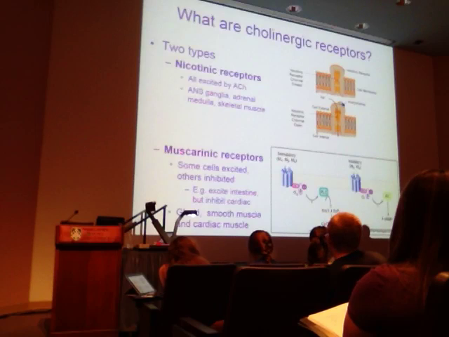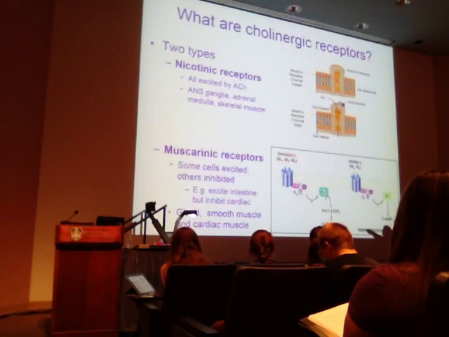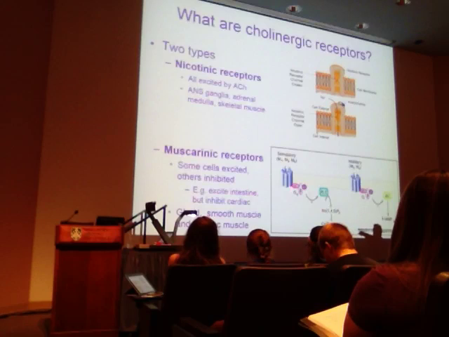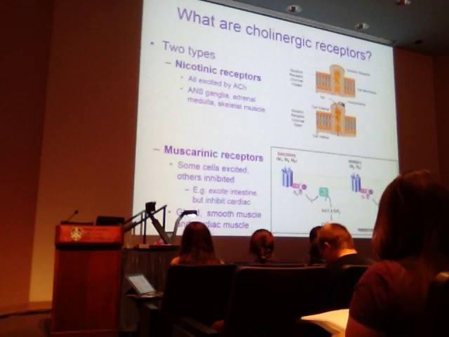So if you look at muscarinic receptors, which are a subtype of a cholinergic receptor, there's at least a family of 5 different variations of muscarinic receptors. These odd-numbered ones, M1, 3, and 5, through this G protein, release calcium and are stimulatory in their activity.